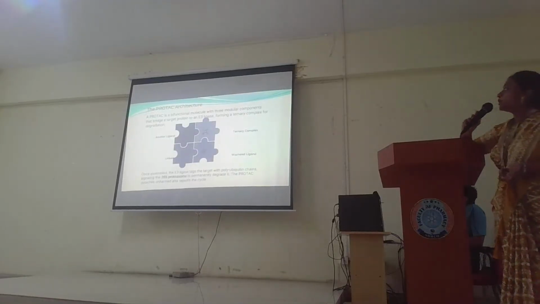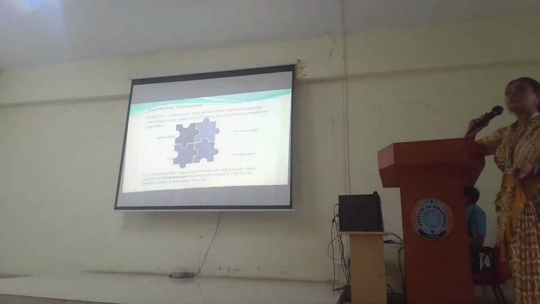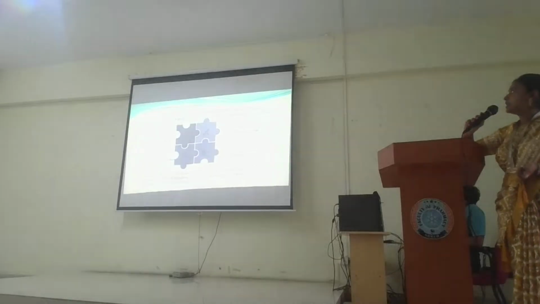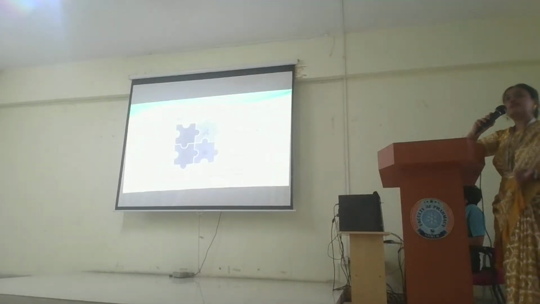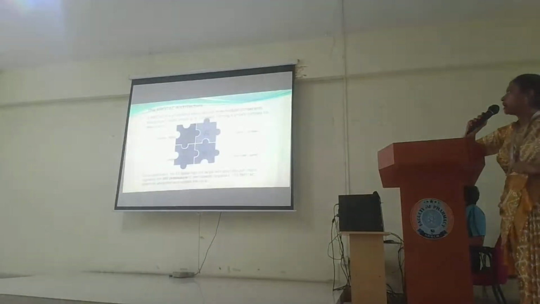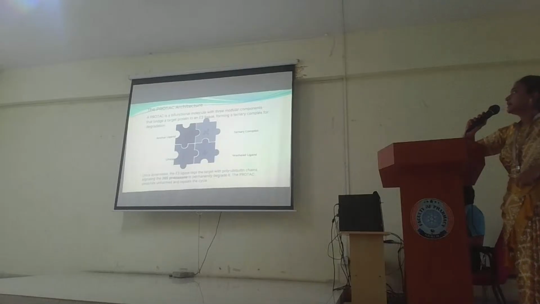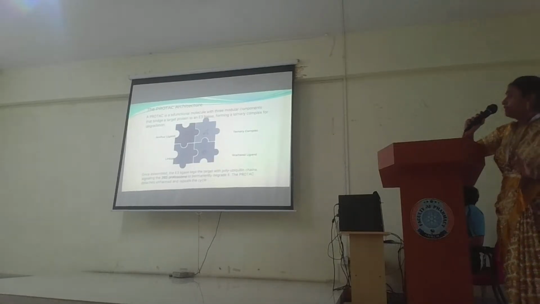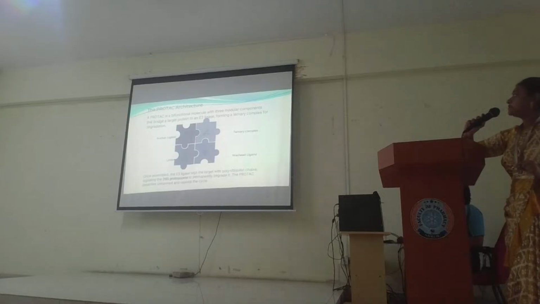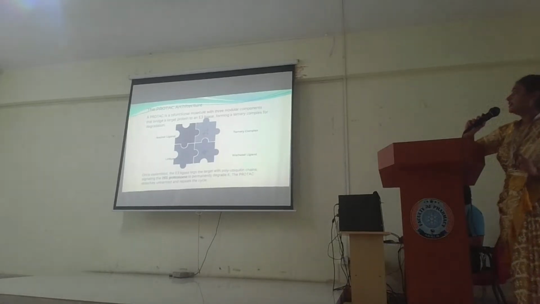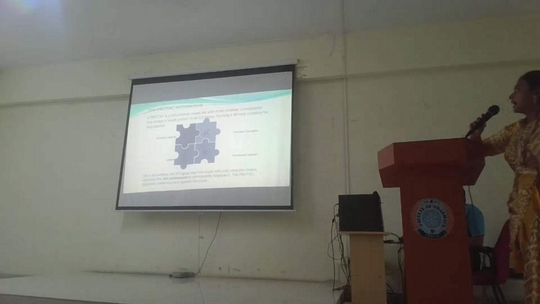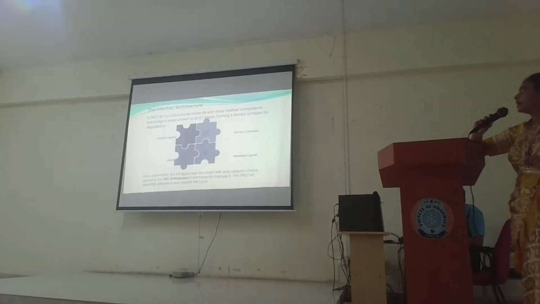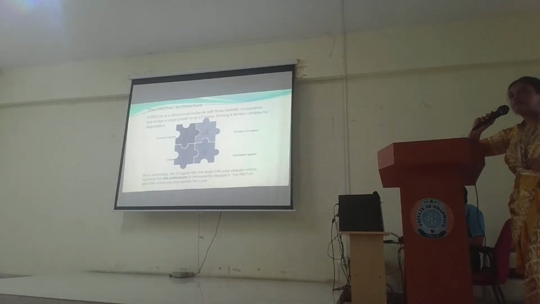This is the PROTAC architecture, the structure of a PROTAC. A PROTAC is a bifunctional molecule which consists of three modular components. It contains a target protein ligand, which binds to an E3 ligase, and also an anchor ligand. Both the anchor ligand and the target ligand are connected with a linker.